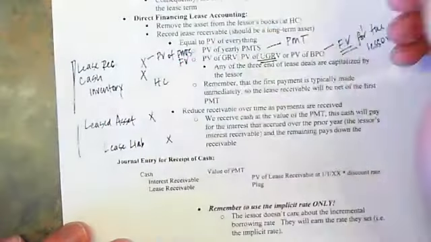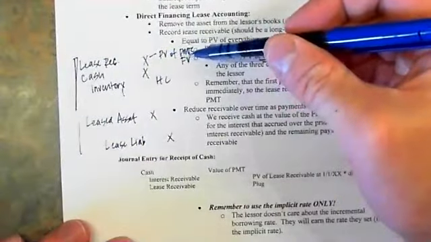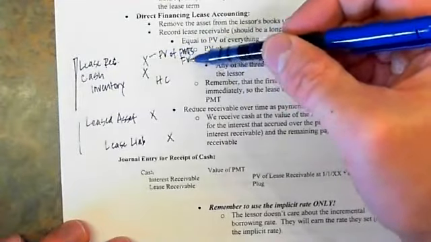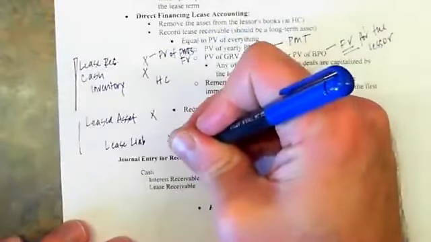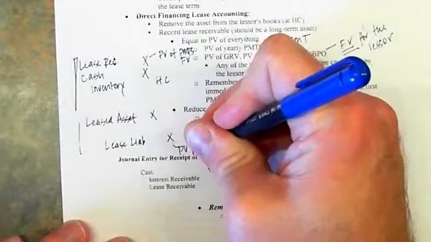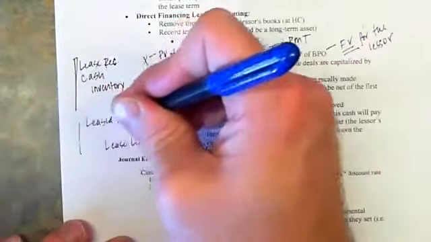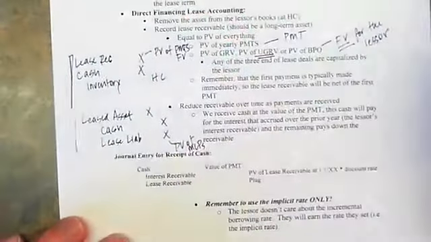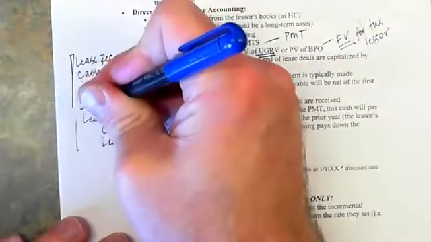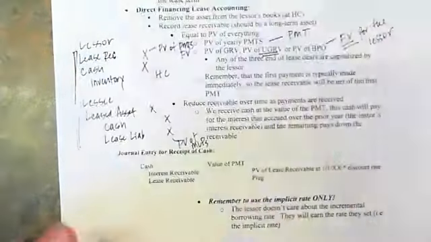The lessor records a lease receivable by the present value of the payments and the future value. And then we have an amount of cash being dispersed, which reduces my lease liability. So the accounting begins to mirror what happens on the other party's side.